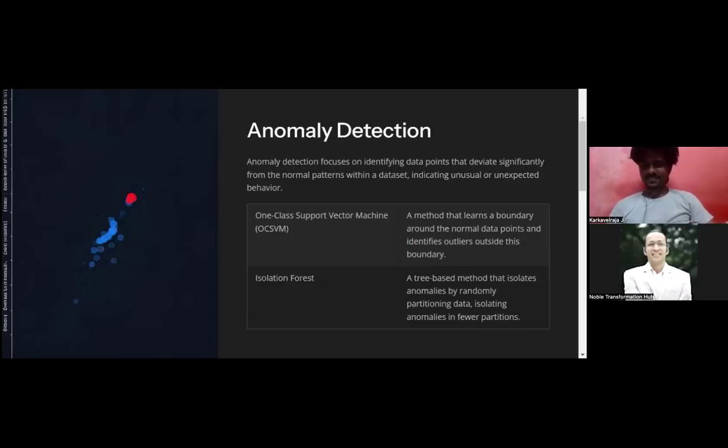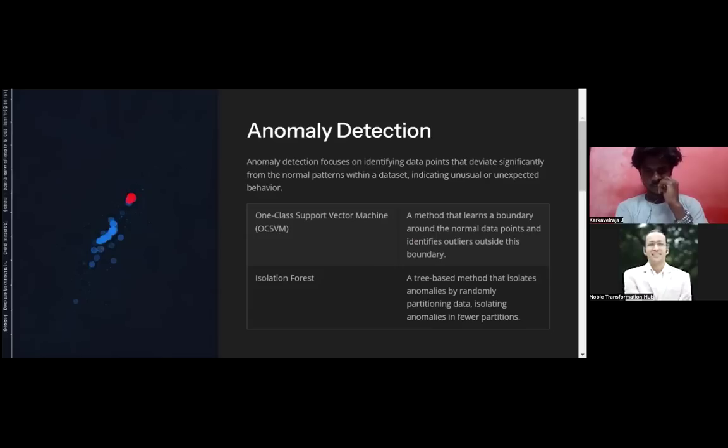Those are standard deviations, like normal distribution. We call it by different names. Anomaly detection focuses on identifying data points that deviate significantly from the normal patterns within the dataset, indicating unusual, unexpected behavior.